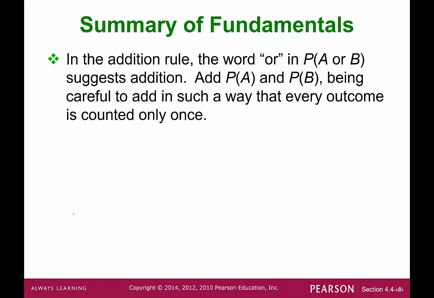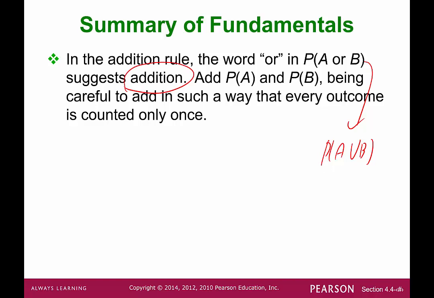So in the addition rule, P(A or B) is the same thing as P(A union B): everything in A, everything in B, and then subtract the intersection of A and B. The word "or" suggests addition.